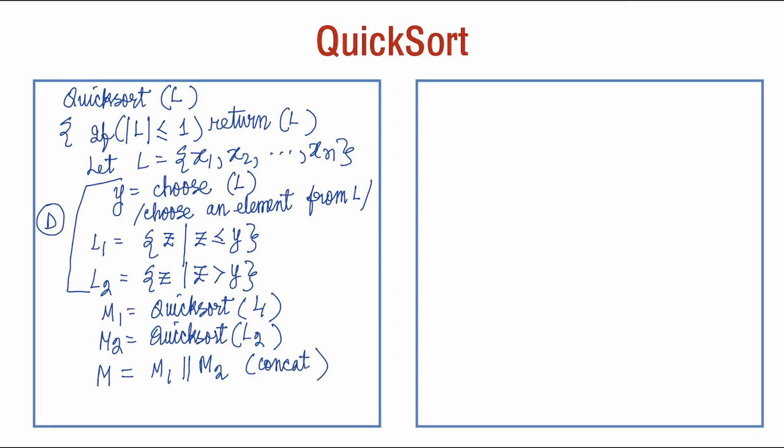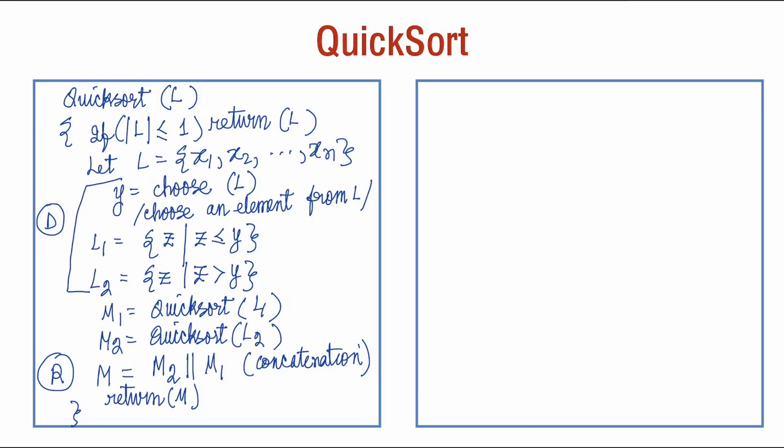Because we are doing the largest one first, we have to do M2 concatenated with M1, as this part will be different. Because these two lists are sorted and one list has elements greater than the other list, this is our recomposition function, and then we simply return M.